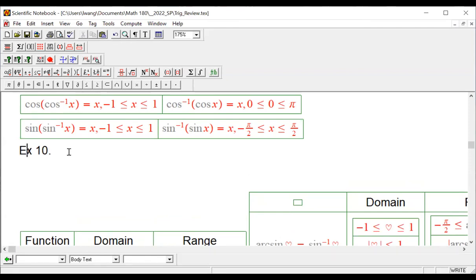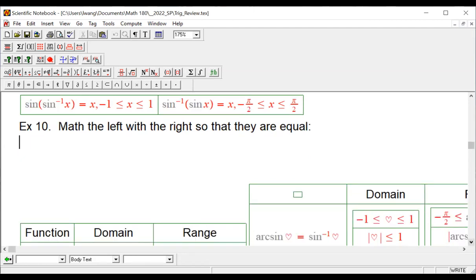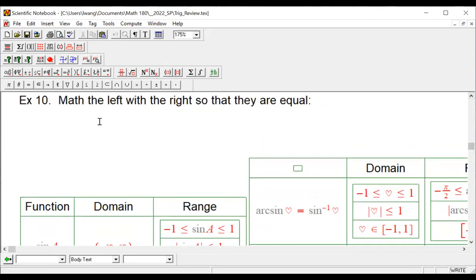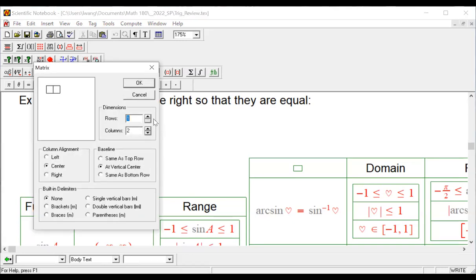So what we want you to do is match the left with the right so that they are equal. This is purely algebraic practice, so we're going to have 4 rows.